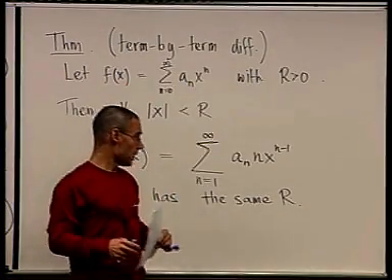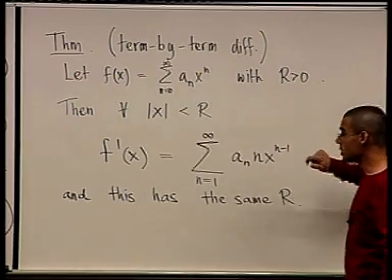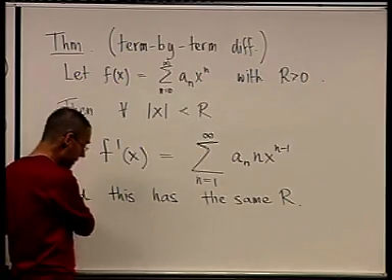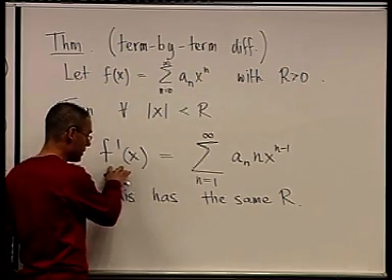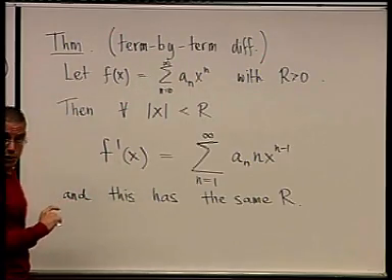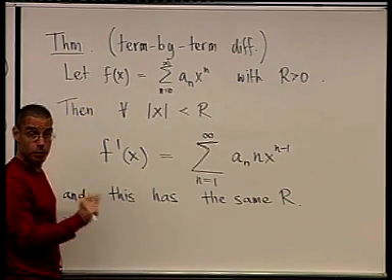Okay, so this is the last theorem we discussed, the term-by-term differentiation. I just want to make a small remark here. The theorem only tells you that the series corresponding to the derivative has the same radius of convergence. However, it doesn't tell you what's going to happen at the endpoints.